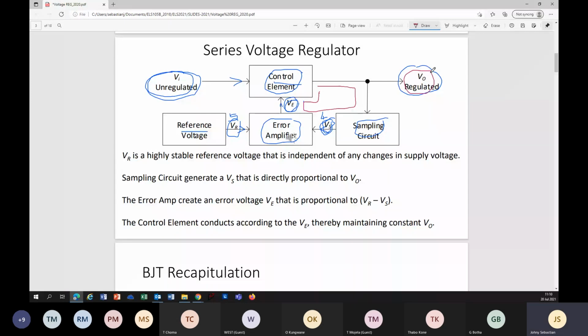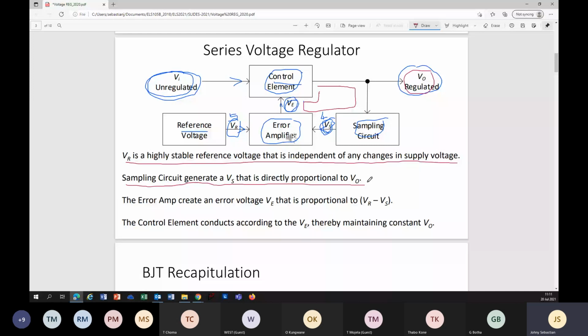Okay, let's go through the slide and we'll come back to the block diagram explanation once again. VR is a stable reference voltage that is independent of any changes in supply voltage. The sampling circuit generates a V sample that is directly proportional to V0. Remember the most simple explanation, a voltage divider.